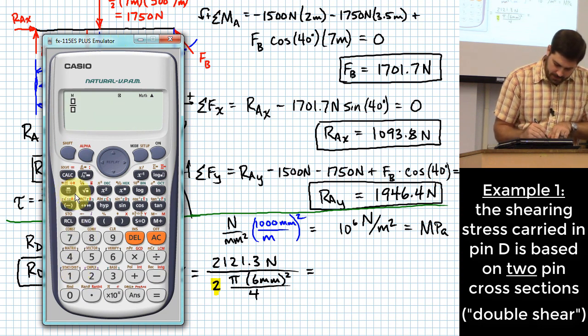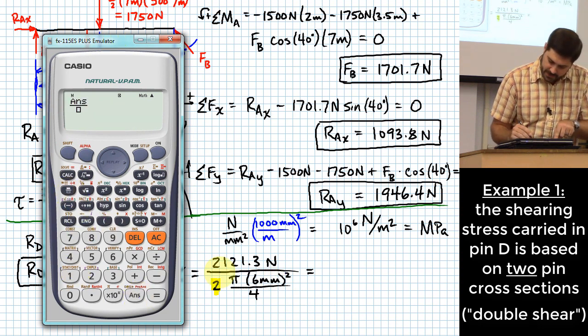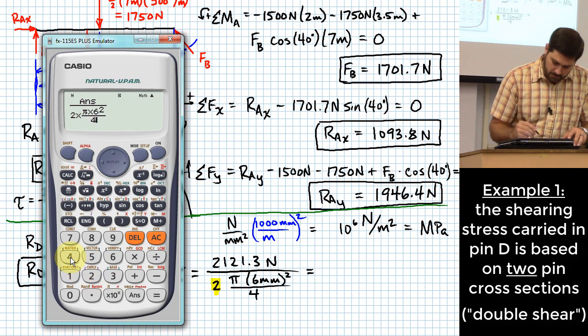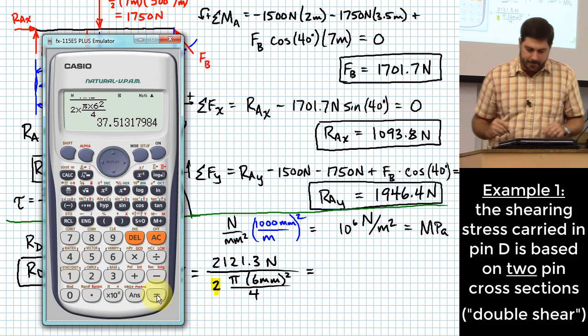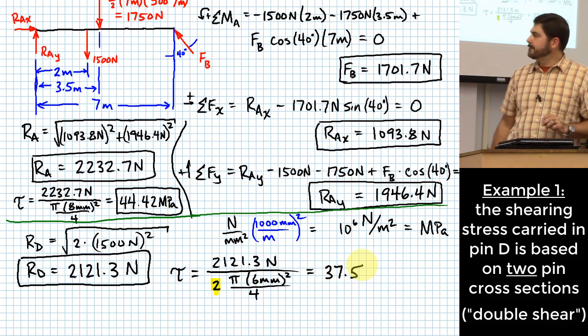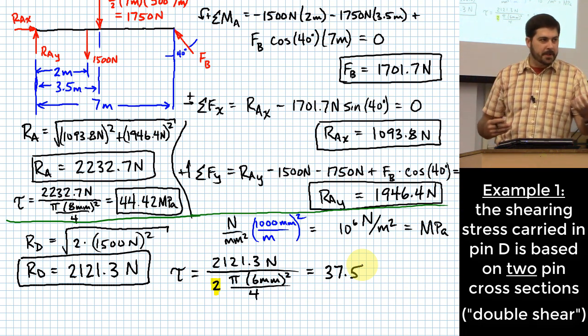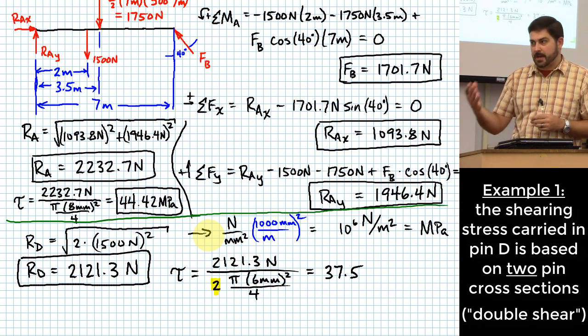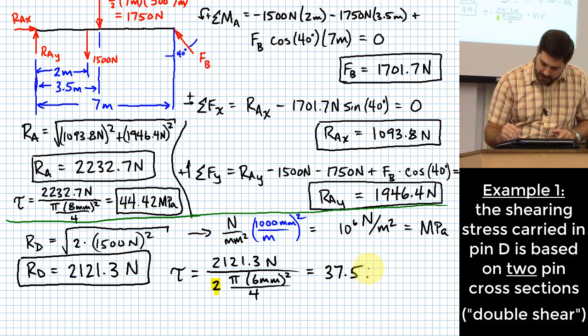In the numerator, I'll take that previous answer, 2121.3 newtons. Down in the denominator, I'll take 2 times pi times 6 squared over 4. 37.5 units. Okay, again, because it's newtons per square millimeter, and we just showed right here that newtons per square millimeter is the same thing as a megapascal, we'll say this is megapascals.